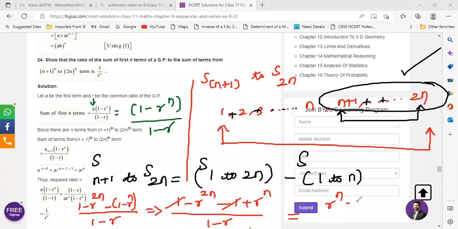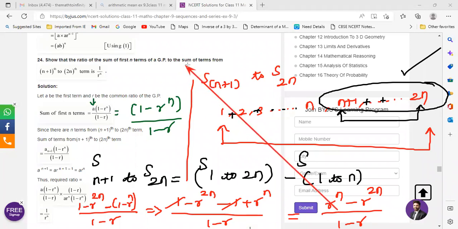It will be left with r power n minus r power 2n upon 1 minus r. I'm just swapping their position, nothing much. They are in addition only, so I am allowed to do the swapping. So I do have r raised to the power n minus r power 2n upon 1 minus r as the result of the second part of the question.